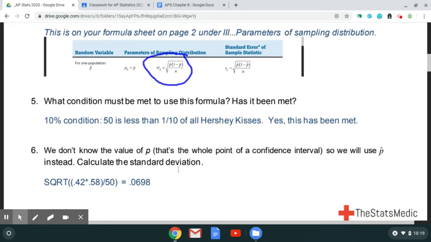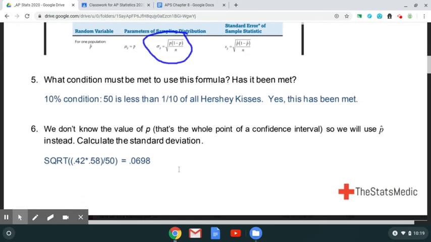Anyway, we don't know the value of P, right, y'all? That is the whole point of our confidence interval. We do not know this true proportion. So we're going to write an interval that we are to some degree confident captures this true proportion.